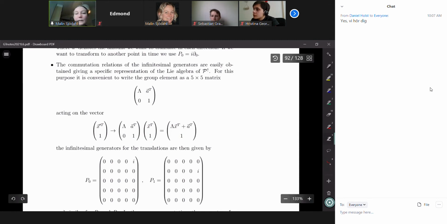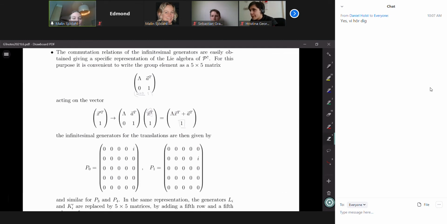Since all of those are 0, nothing will happen to the 1 here. It will not be affected by what's standing up here. So the 1 will remain a 1, so it's a little trick in this transformation.